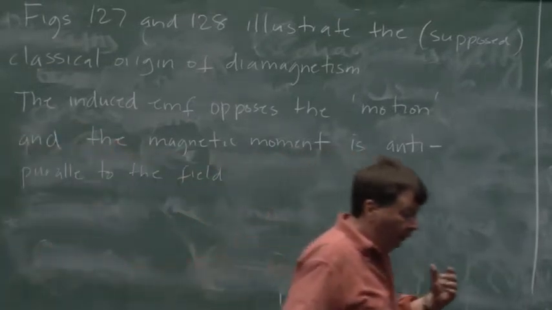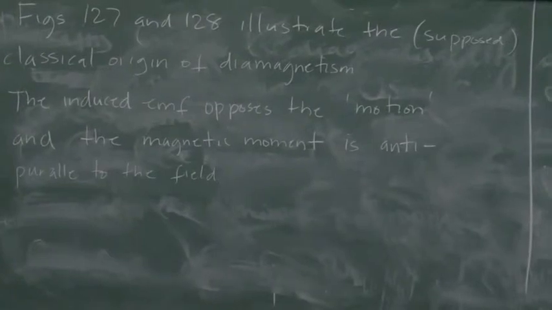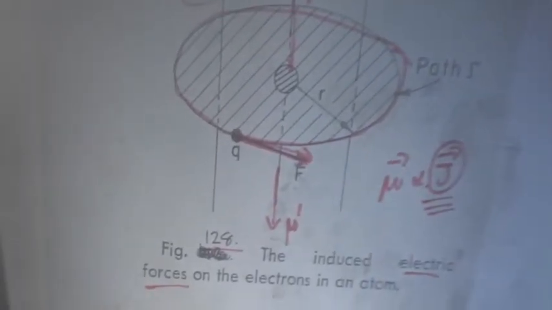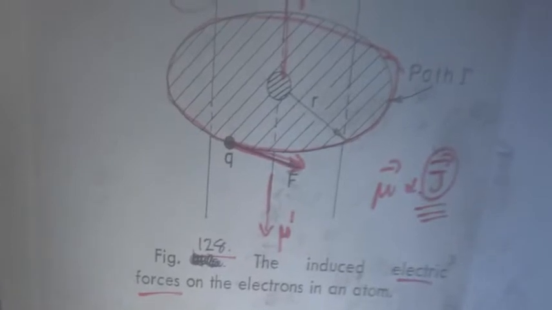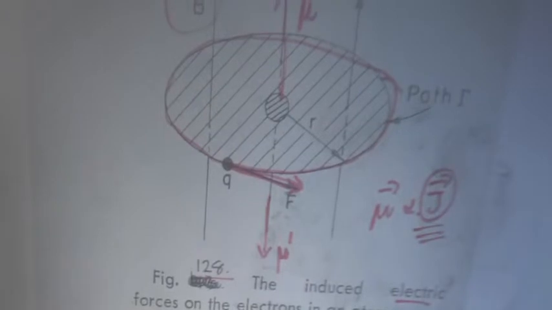So the motion actually results in the system being repelled from the magnetic field, because this extra induced current actually opposes the motion, and because it opposes the motion, the system has got a higher energy state when it's in the field than when it's not in the field.